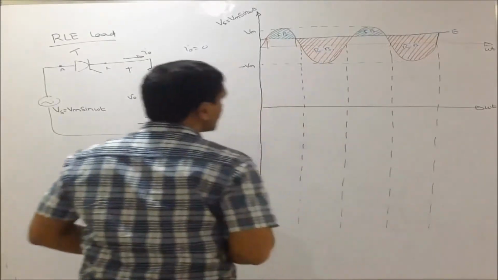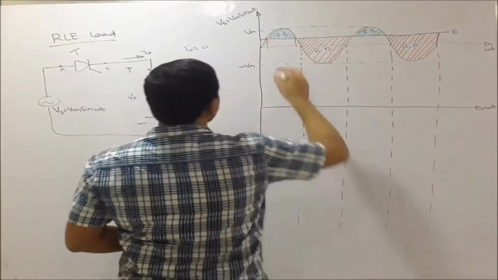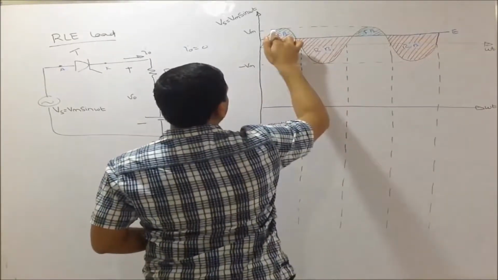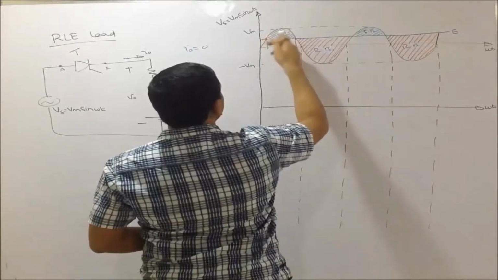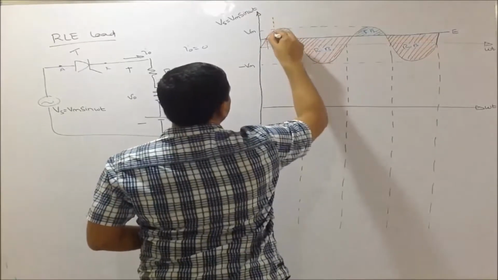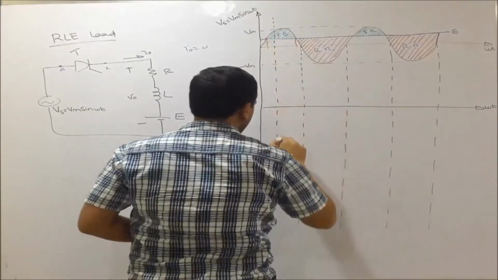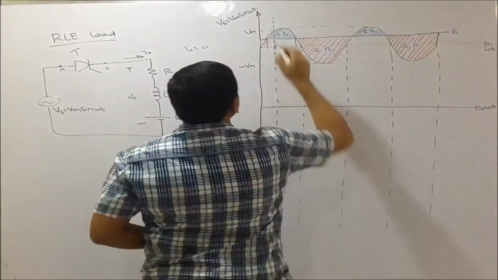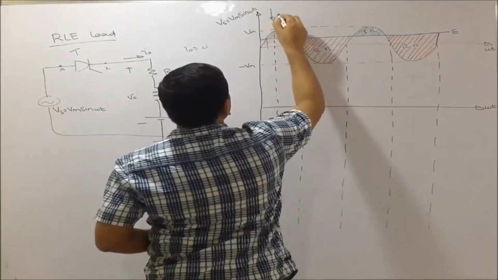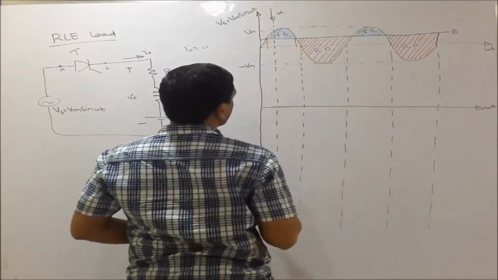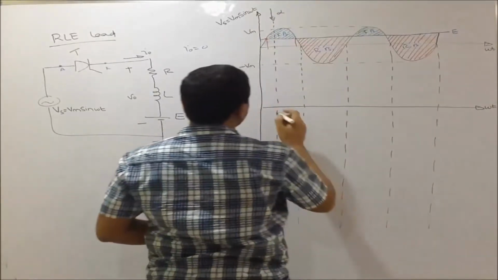Let us suppose, assume that I have given the firing angle here. This is alpha minimum. I can give alpha after alpha minimum. So assume that I have fired this here. This is my actual firing angle. This is alpha. Now we will see the waveforms.